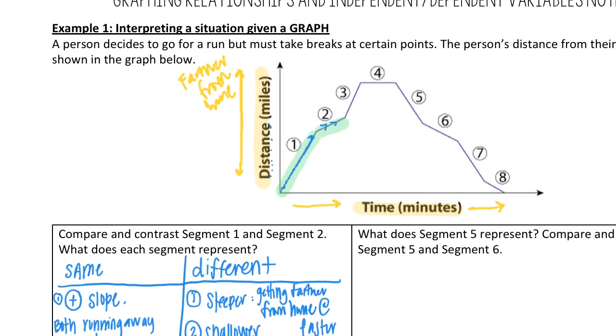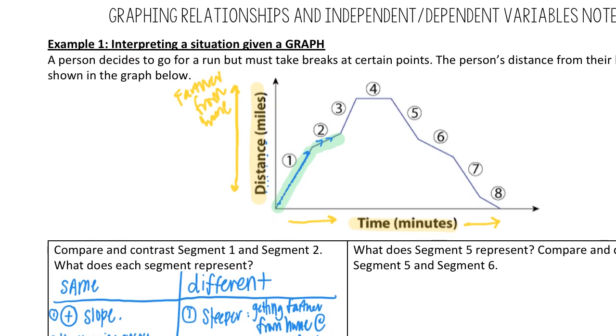Look at segment 4. Next one we're going to look at is segment 4. Think about what it could possibly represent. You'll notice that time is increasing. The x values are increasing. However, is the distance in miles from their home changing at all?